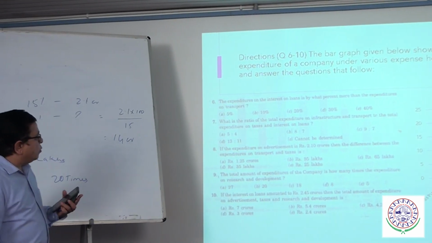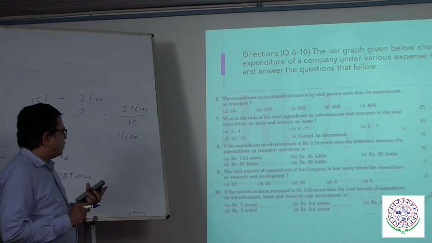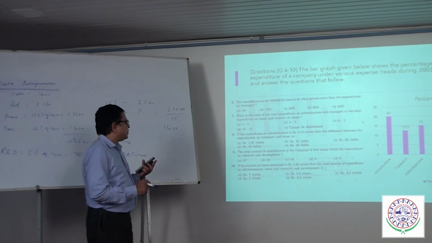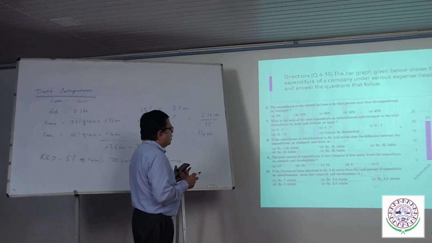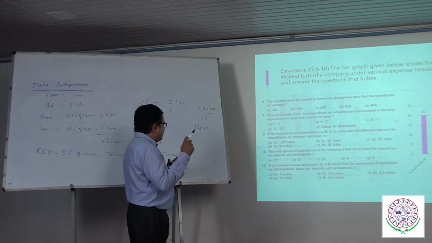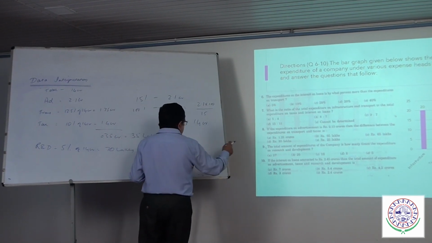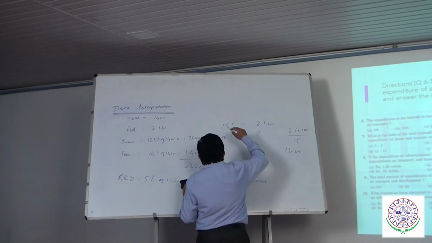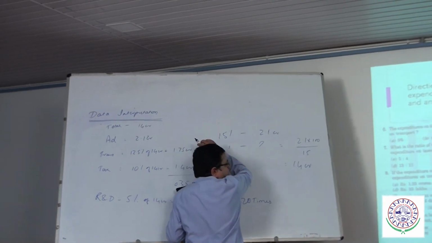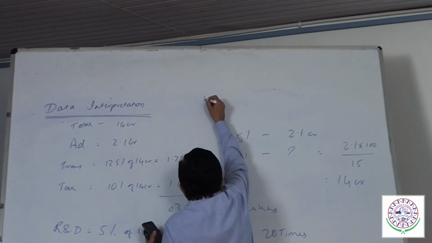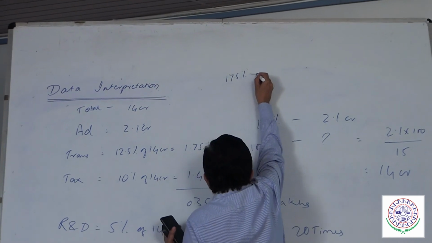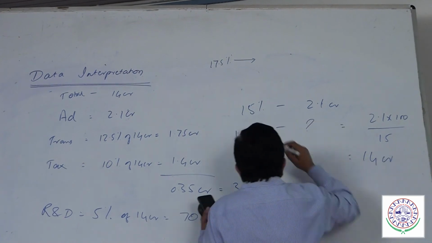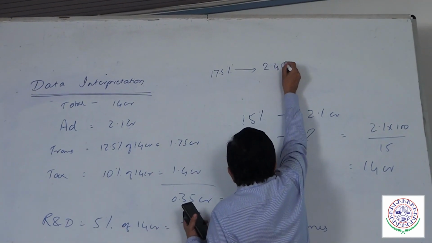Now, if the interest on loans amounted to 2.45 crores, then the total amount of expenditure on advertisement, taxes and R&D is. Now, we'll go a little bit backwards and find out what happens to the interest on loans. Interest on loans is 17.5%. 17.5% is 2.45 crores.